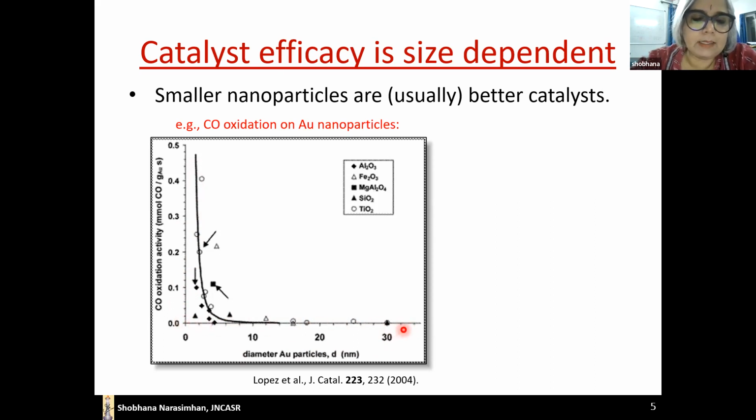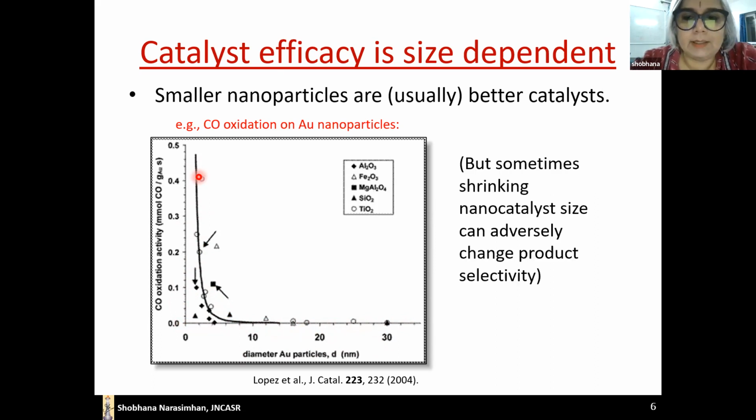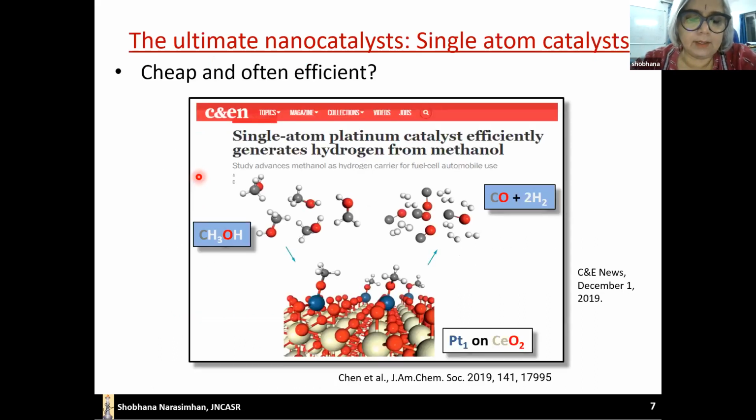On this axis is the diameter of the gold nanoparticle, and you can see that as the diameter becomes smaller, the activity goes up sharply. So you would generally like to use very small nanoparticles as your catalyst. Of course, there may be some disadvantages in using small nanoparticles. For example, you may change your product selectivity, etc.